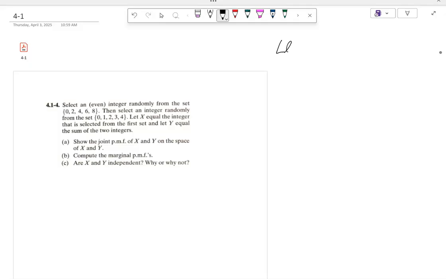So we'll let X and Y be two random variables defined on some sample space.